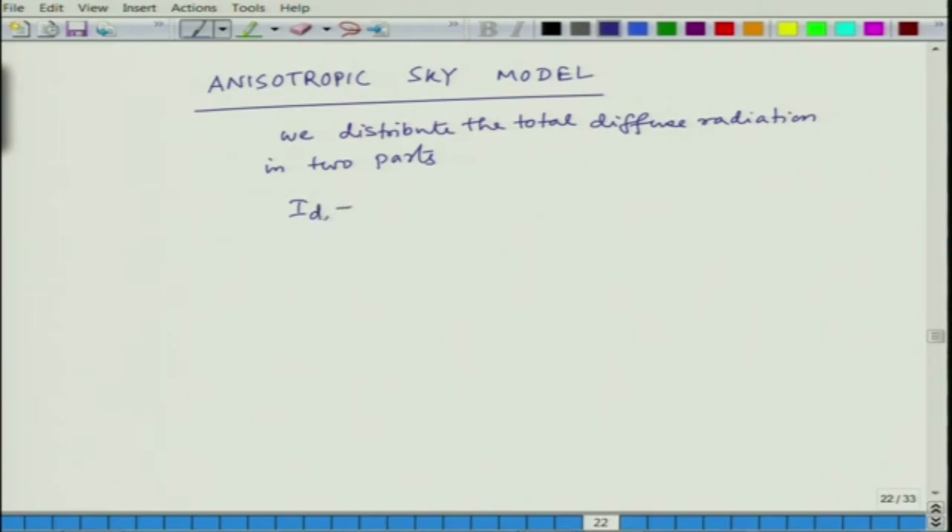So, IDT, T stands for the tilted surface and ID stands for the total diffuse radiation, that is IDT isotropic plus IDT circumsolar. Okay.